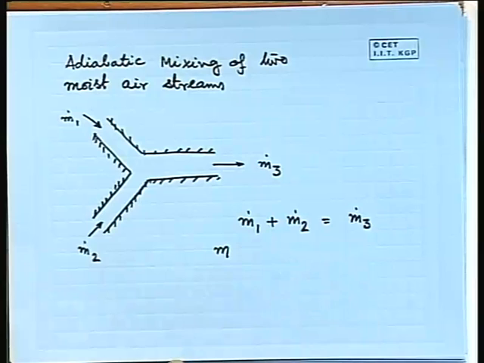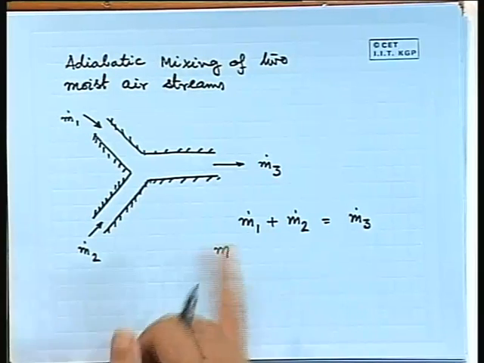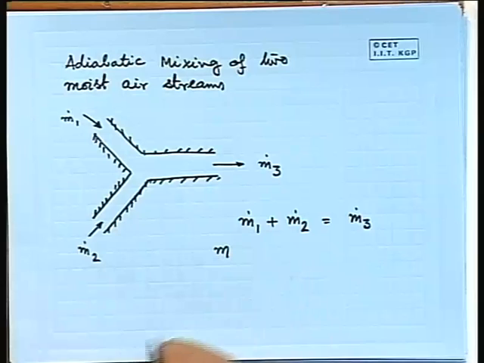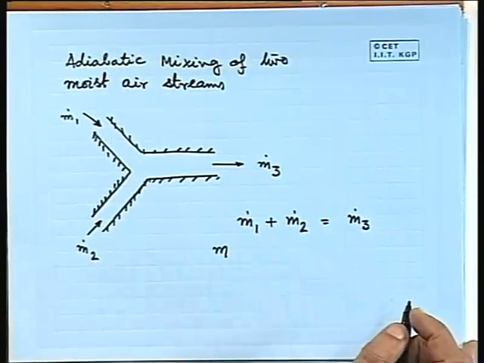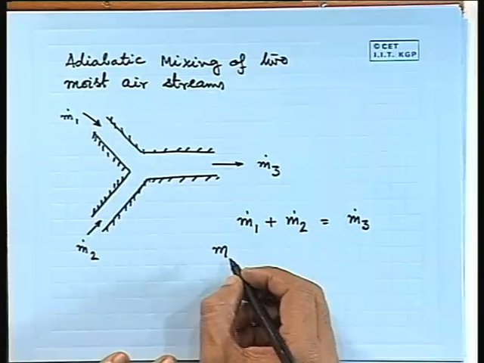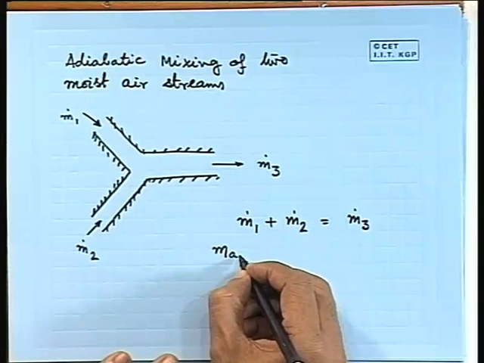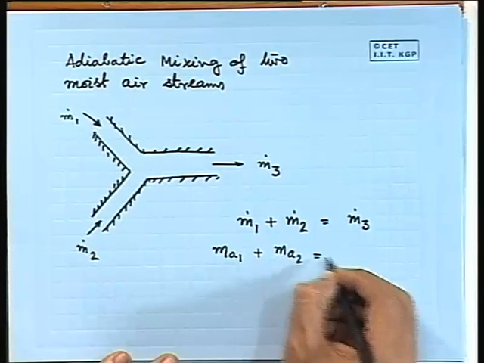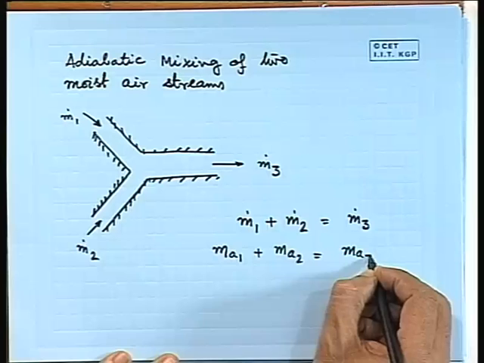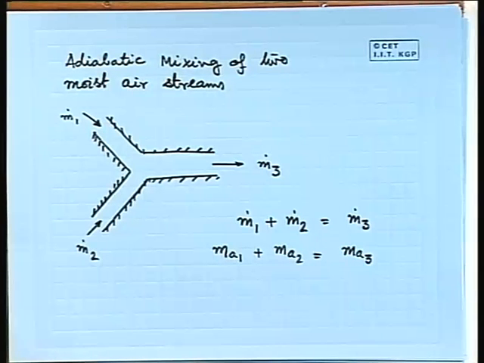For the time being I remove the dot, but it indicates the air flow rate, not the total mass. So, mA1 plus mA2 equals mA3. Dry air from stream 1 plus dry air from stream 2 equals dry air from stream 3.